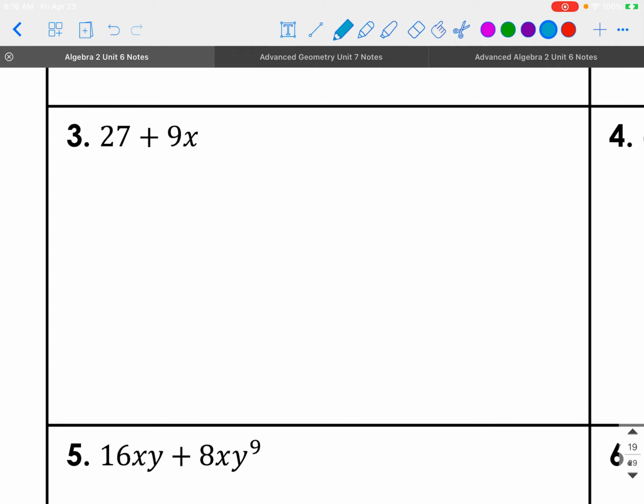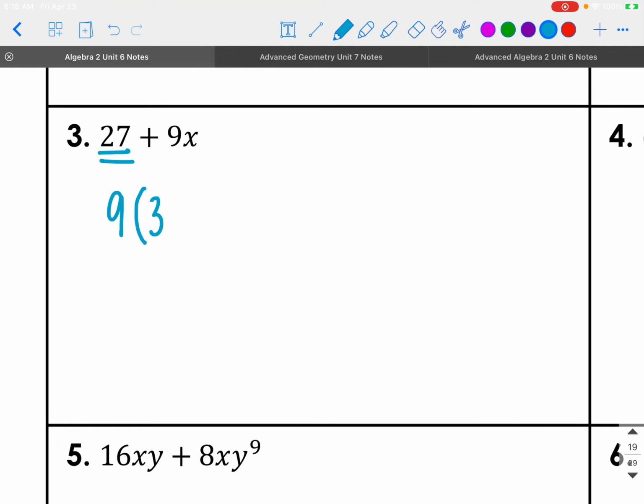Number 3, we have 27 plus 9x. What is the largest number that goes evenly into 27 and 9? It's 9. And then if I take 27 divided by 9, we get 3.